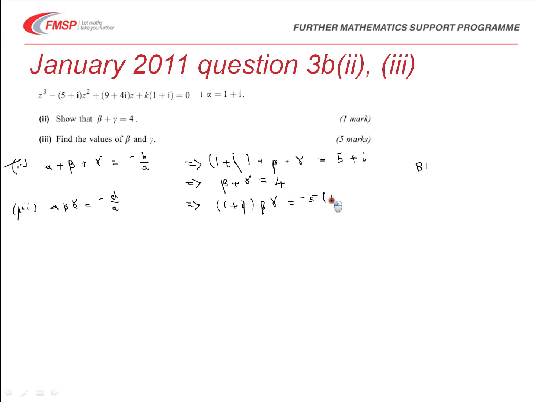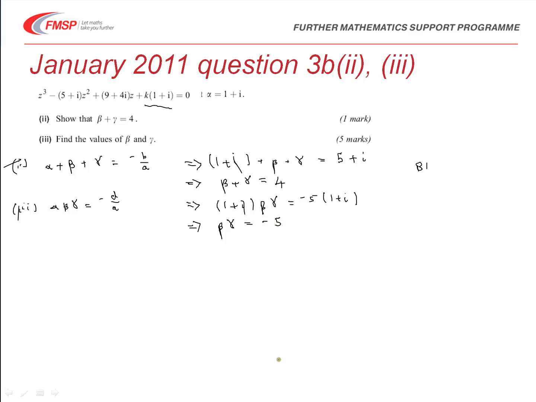Remember, k is negative 5. So that's coming from this piece here with k as -5. So if I divide both sides by the 1 plus i, that is telling me that beta gamma is equal to -5.